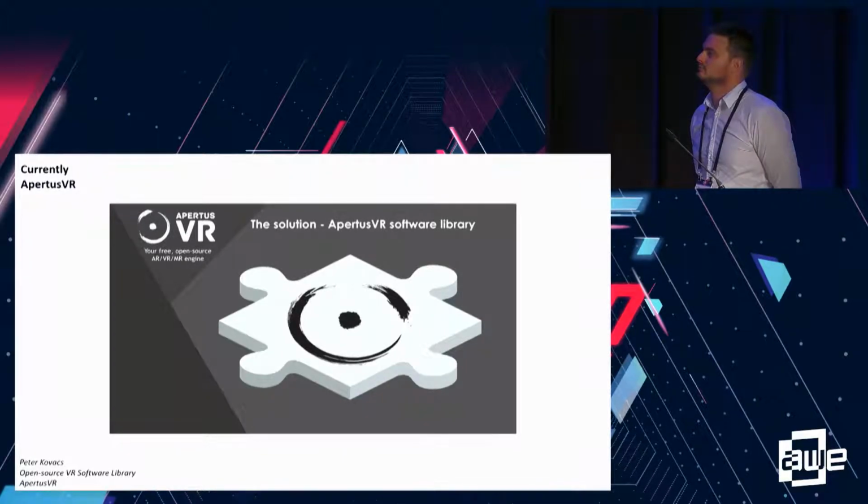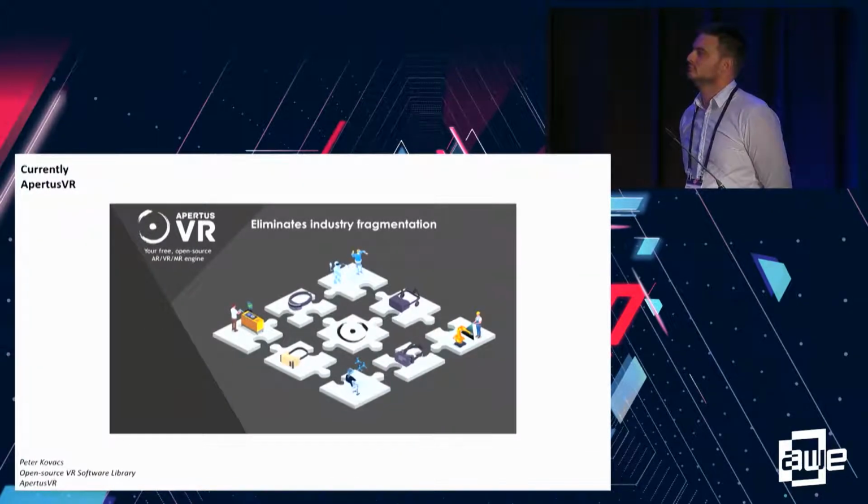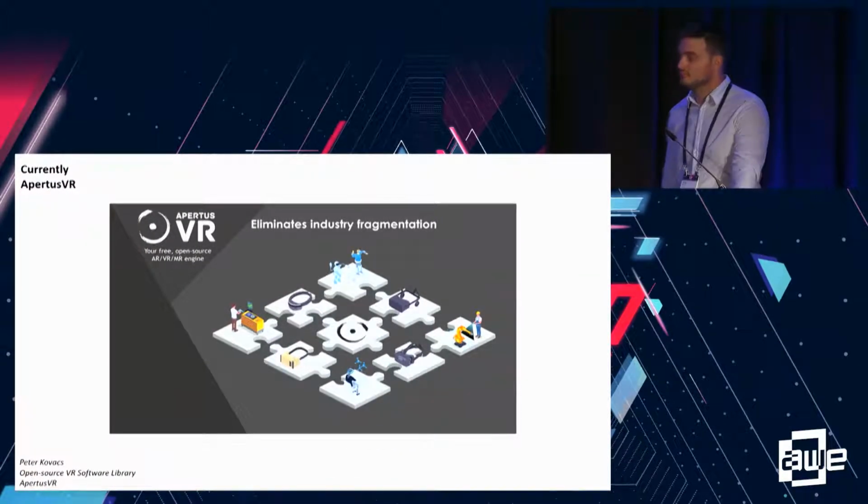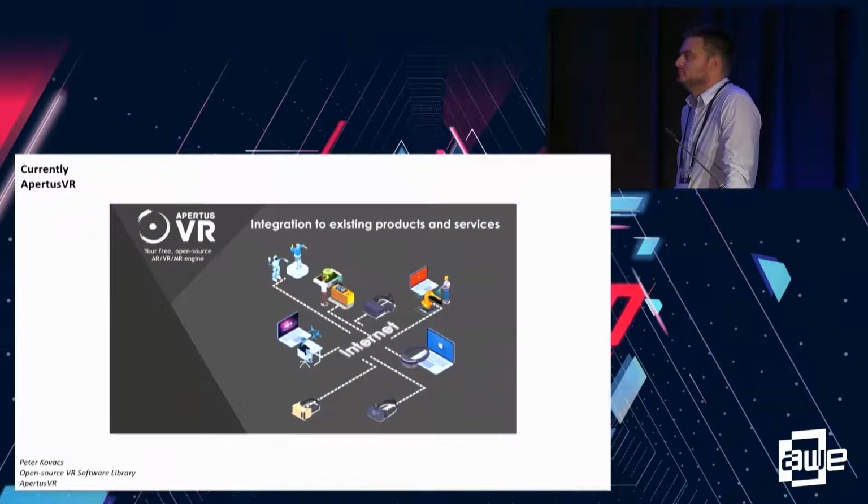Apertus offers a new no-vendor lock-in approach for XR on different operating systems and on different XR hardware. Our cross-platform engine eliminates industry fragmentation by enabling applications to be written once and to run on any XR device. It ensures easy and fast XR integration into existing products, resulting in shared virtual spaces on different platforms via the internet.